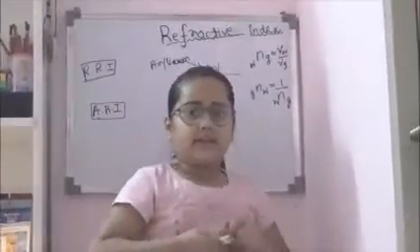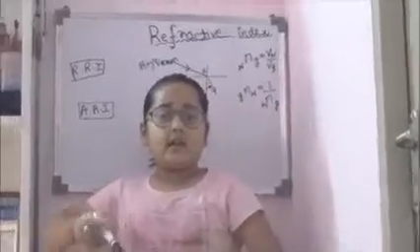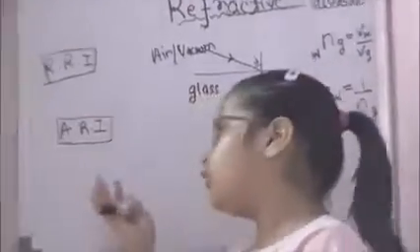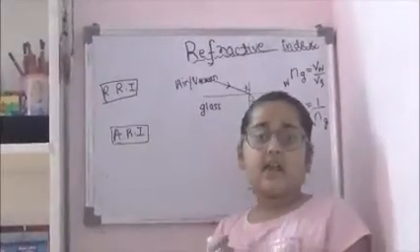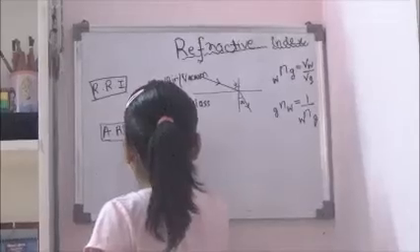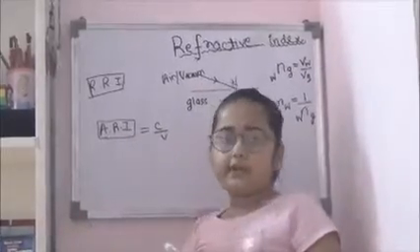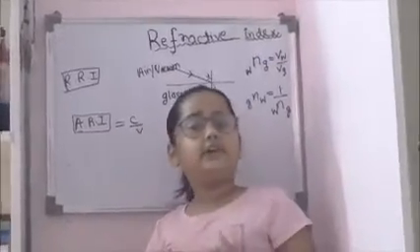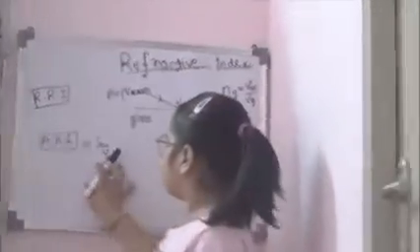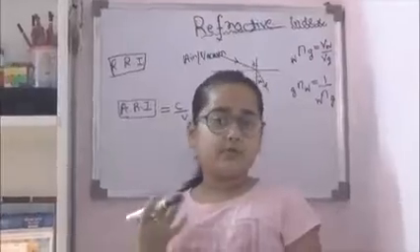So absolute refractive index is the refractive index where one of the mediums is air or vacuum. Now how can we calculate the absolute refractive index? There is a formula for it, and the formula is c upon v. c is the speed of light in air or vacuum, that is 3 × 10^8 meter per second. And v is the speed of light in the medium about which we are talking.